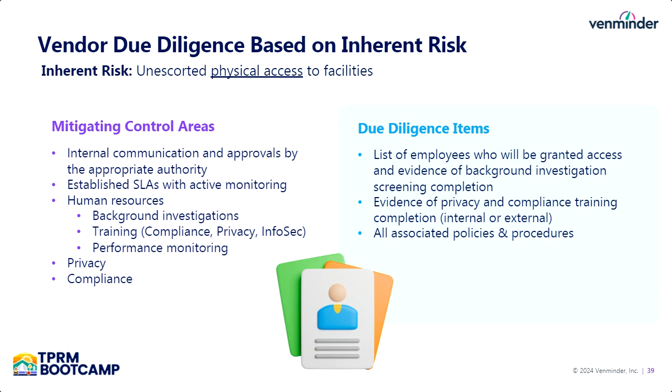We do want to pay a lot of attention to those human resources controls, including those background checks, all of the training and the performance monitoring, as well as all of their privacy and compliance information. So that means we're collecting that list of employees who will be granted access, and we want evidence of their background checks and screening. We want evidence of privacy and compliance training and all their associated policies and procedures.